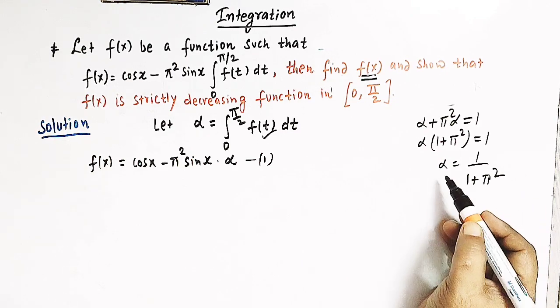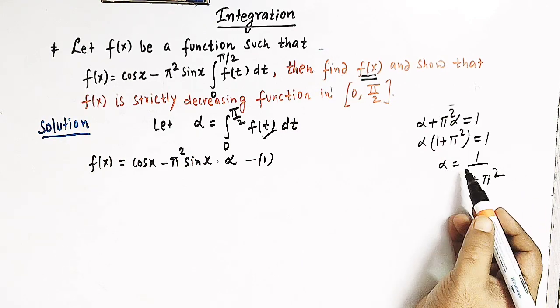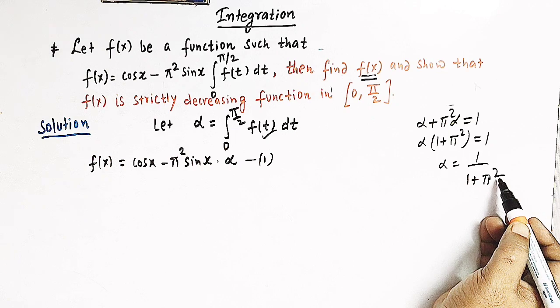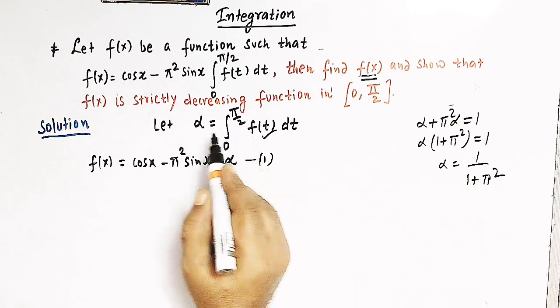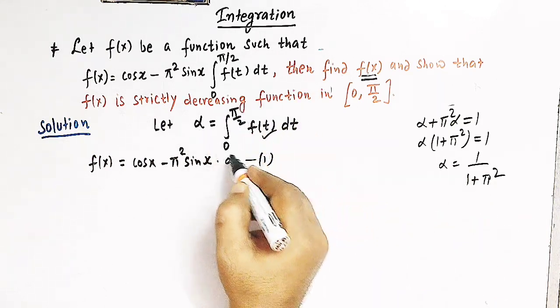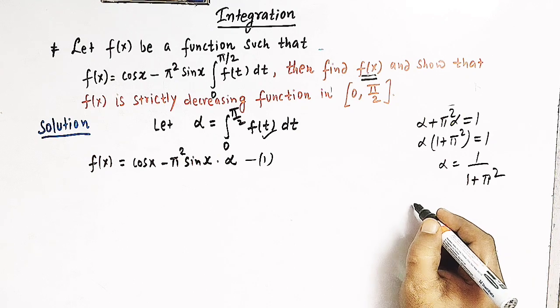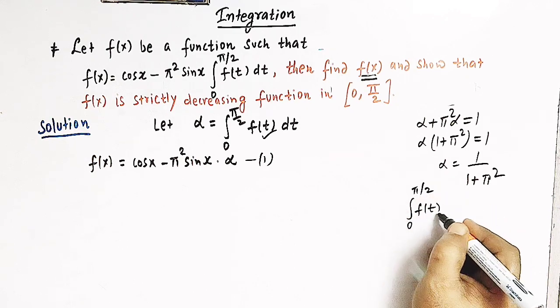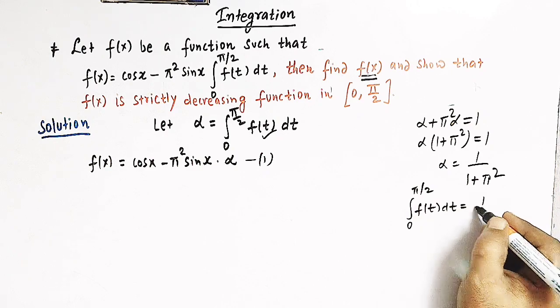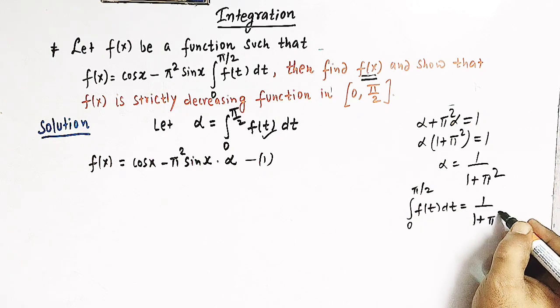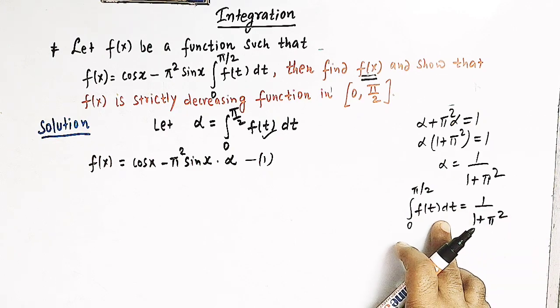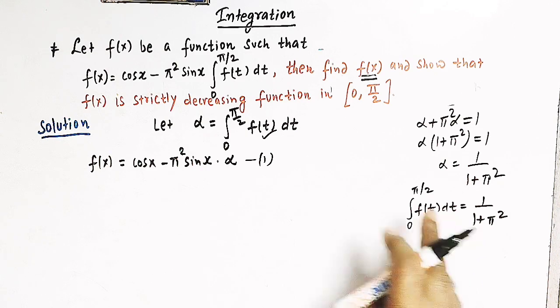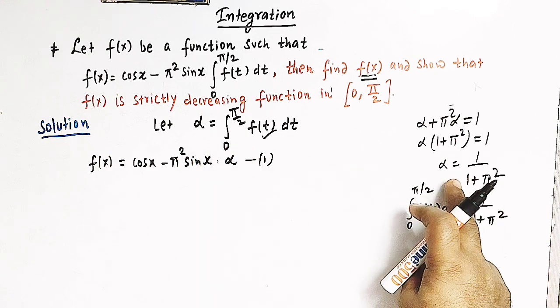So now getting the value of alpha, we can easily conclude that the value of this integral, that is the integral from 0 to pi by 2 of f of t dt, is equal to 1 over 1 plus pi square. So this is also an important deduction from the value of alpha.